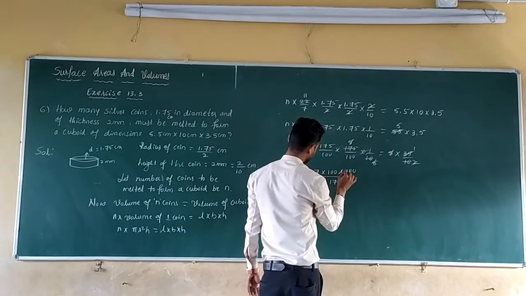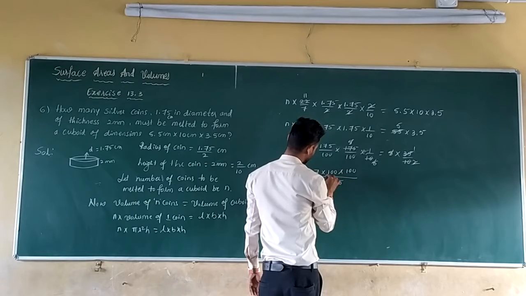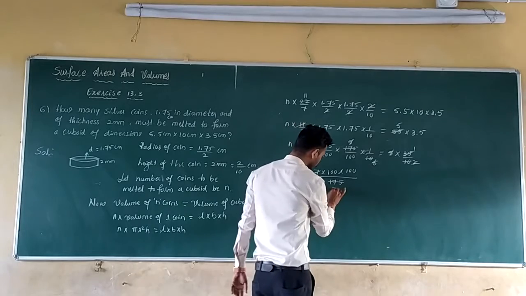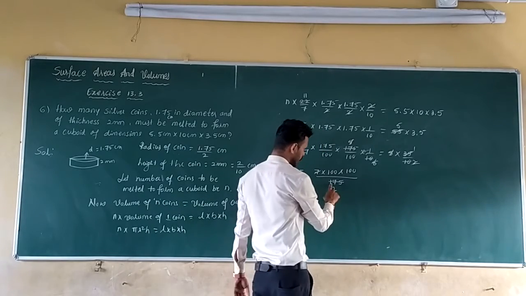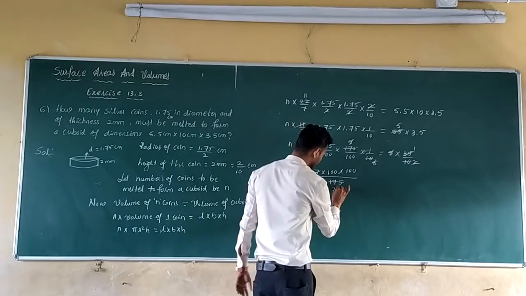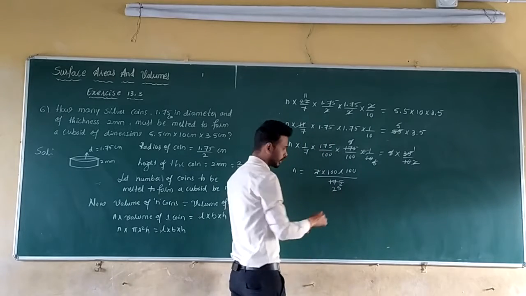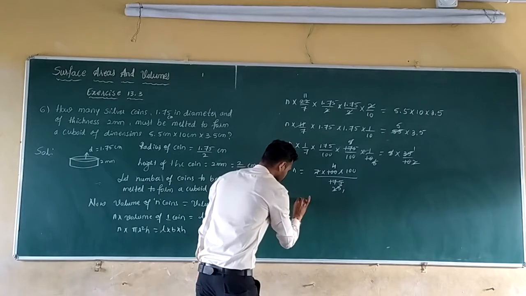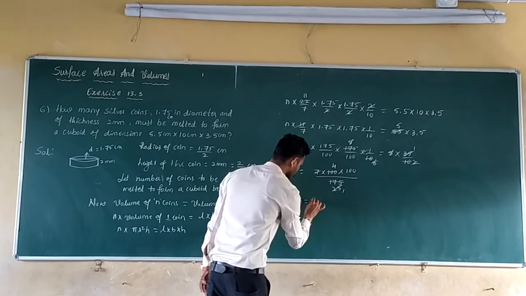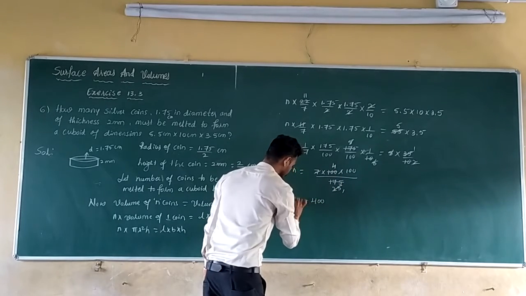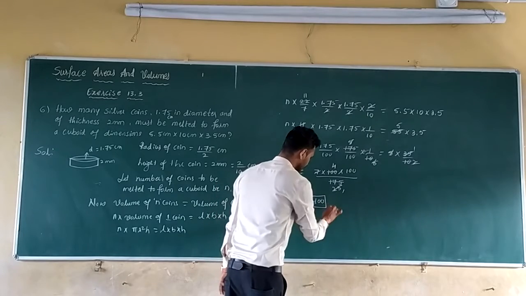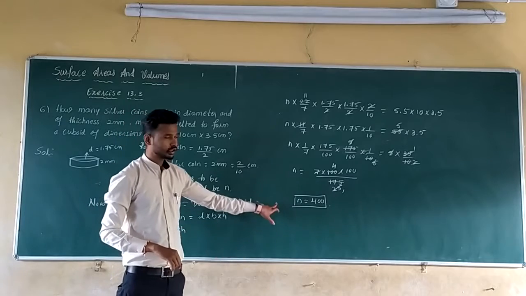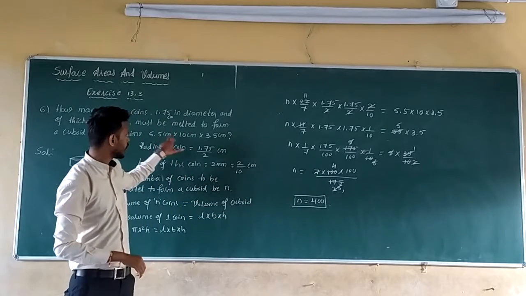So here 7 ones are 7, 7 twos are 14, 3 remain, 35, 7 fives are 35. Next 25 ones are 25, 25 fours are 100. So n is equals to 4 into 100, 400. That means how many silver coins we should melt to form a cuboid of these dimensions?